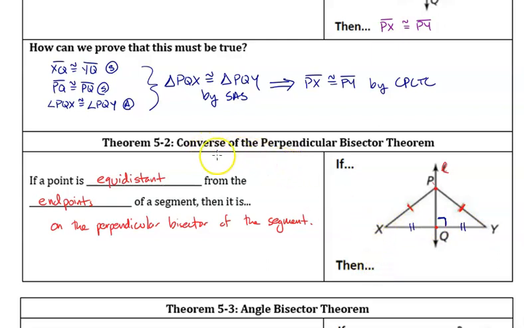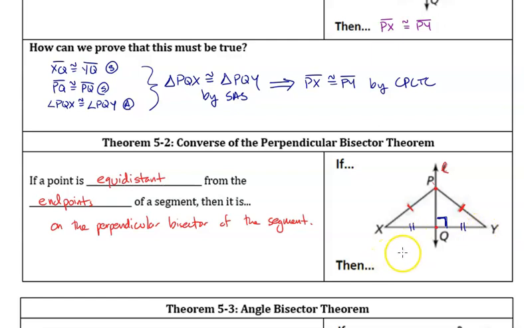This one's maybe a little bit trickier to apply. We've got to know, first of all, that P is equidistant from X and Y. And we've got to know either that it's on a line that's bisecting the segment, allowing us to say that line would also be perpendicular to segment XY, or that the line point P is on is perpendicular to segment XY, and then that line would also be bisecting segment XY.